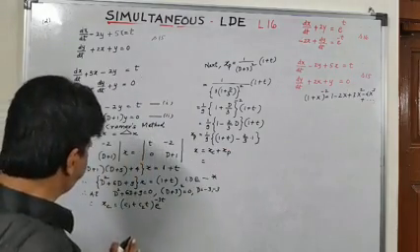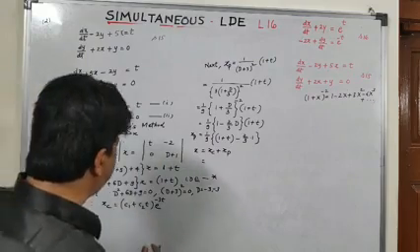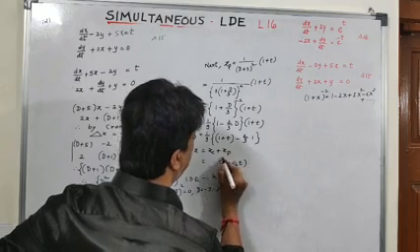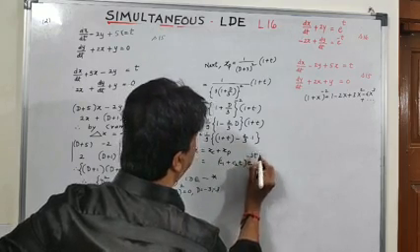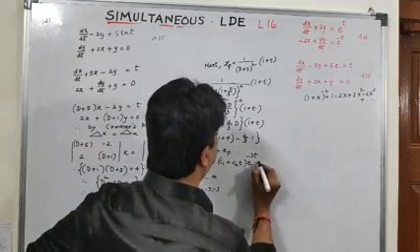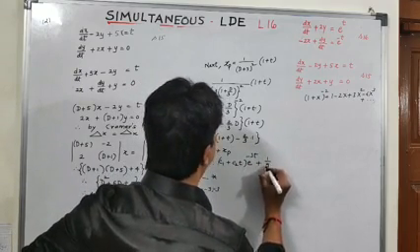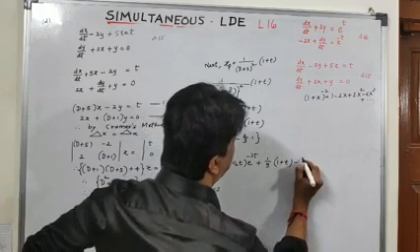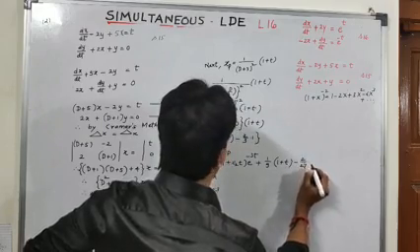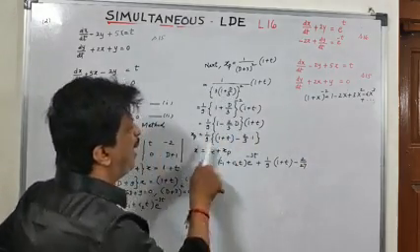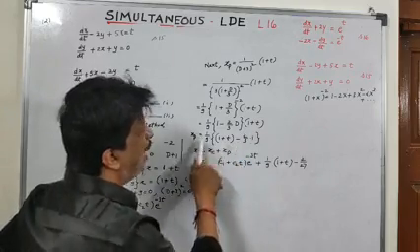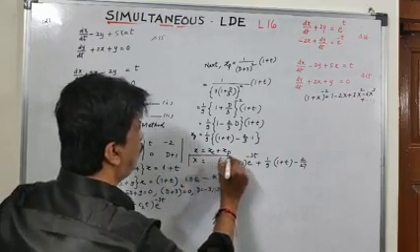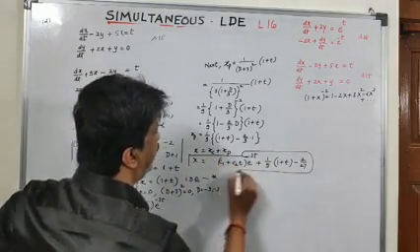Now xc was c1 plus c2t e raised to power minus 3t, plus 1 by 9 times 1 plus t minus 2 by 27. I am opening this bracket: 1 by 9 into 1 plus t, minus 1 by 9 into 2 by 3 is 2 by 27. So this is the value of the first independent variable x.